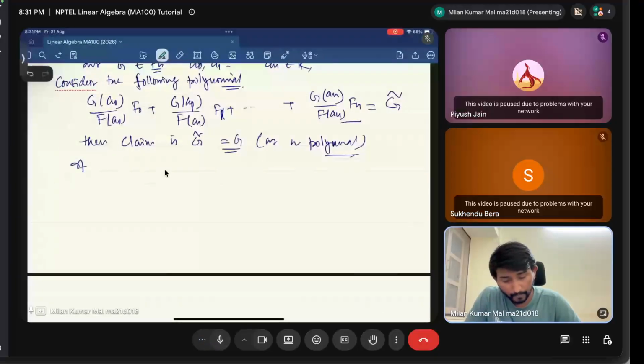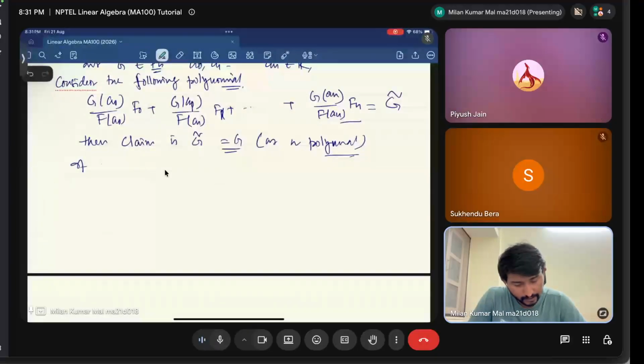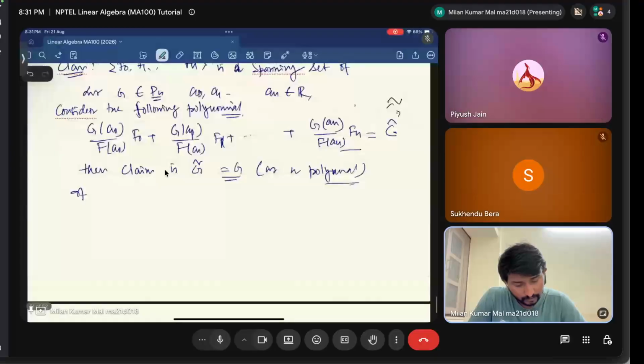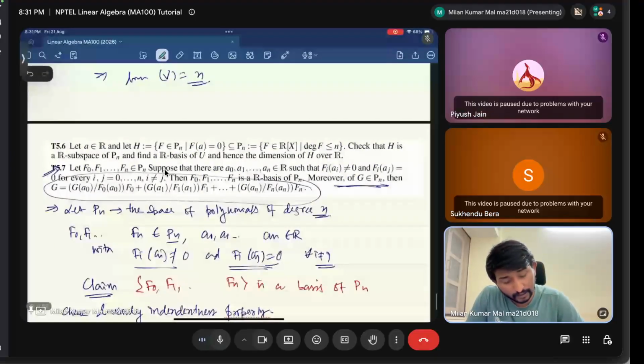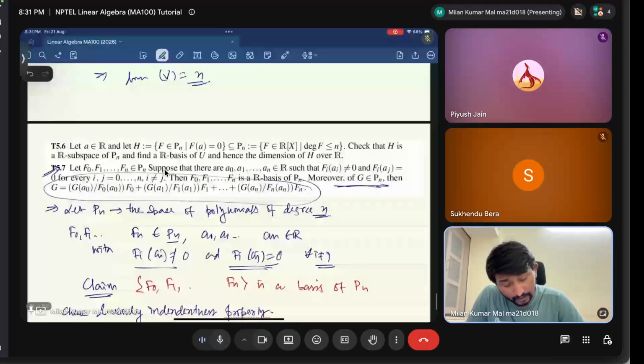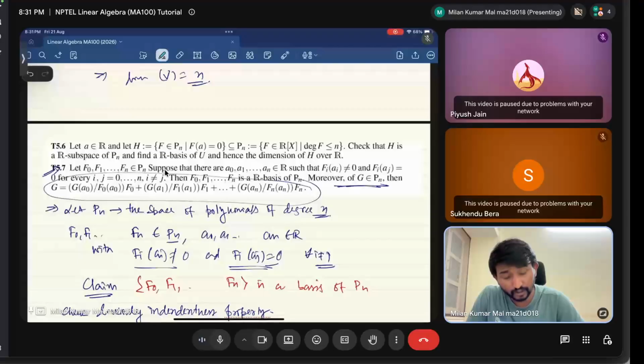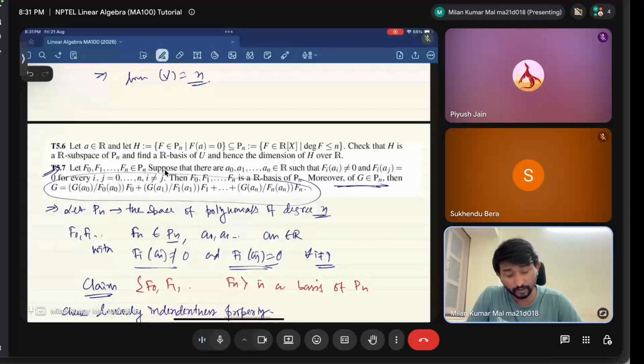Here it is said distinct. Yes, it is distinct. Suppose there are such distinct roots. Distinct is needed, otherwise it is not possible.